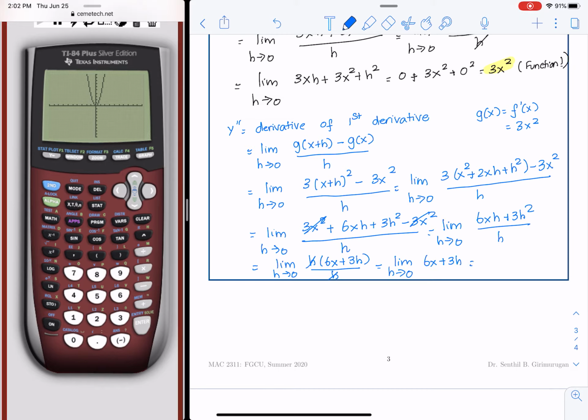There is no h term in the first term 6x, so that will remain as is. The h in the second term is going to approach 0, so we have 6x plus 0, so we get 6x. Is that a function? Well, let's see.